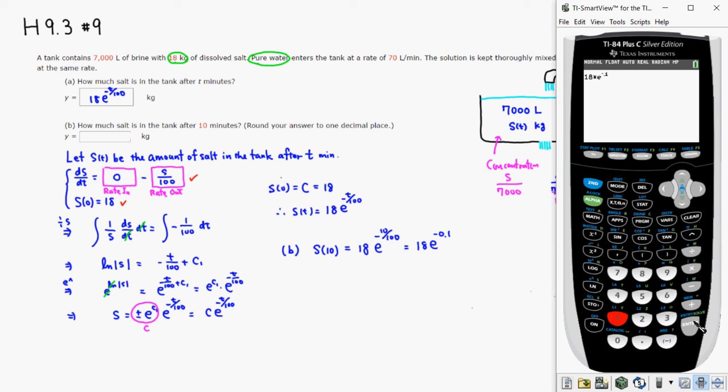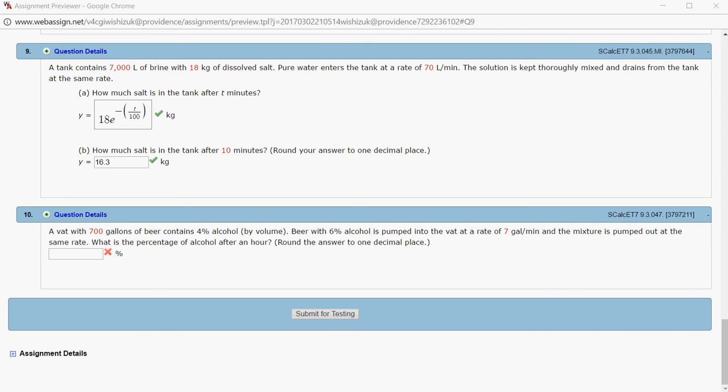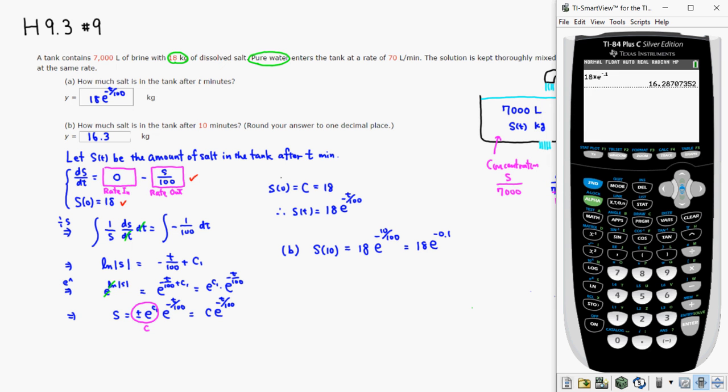Enter. It's about 16.3. So let's type it in, 16.3. All right, submit for testing. It came back and looks like we got this one correctly. All right, that's it. I hope that this was clear. So this was about 16.3. All right, that's it.